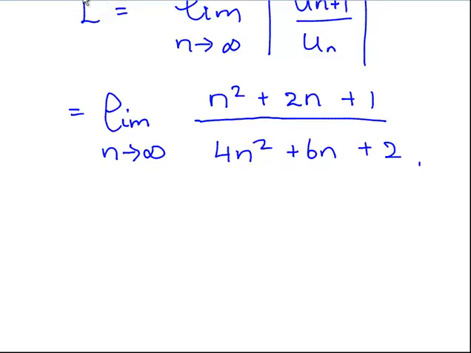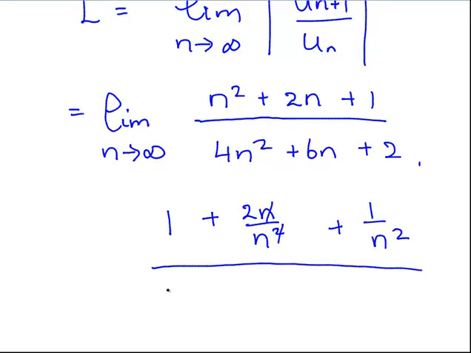So n squared over n squared gives us 1, 2n over n squared gives 2 over n, plus 1 over n squared. 4n squared over n squared is just 4, plus 6n over n squared gives 6 over n plus 2 over n squared.